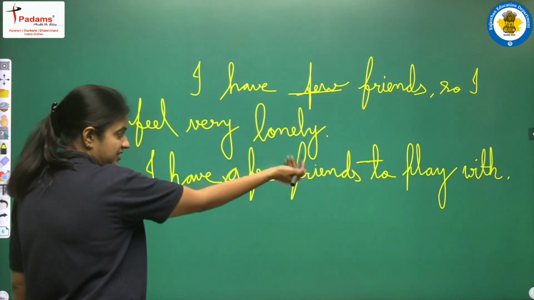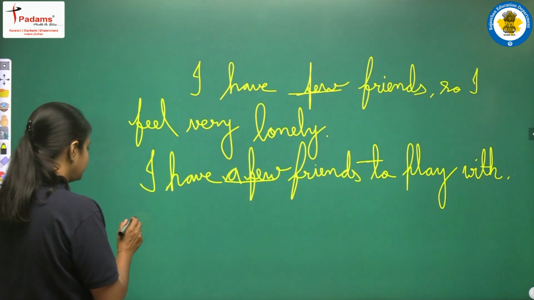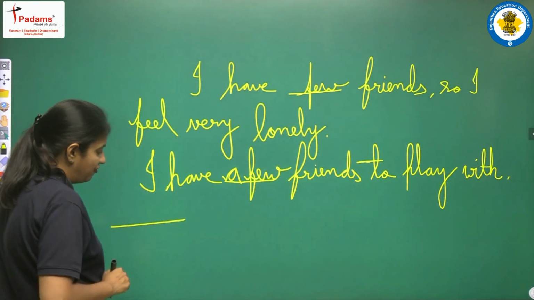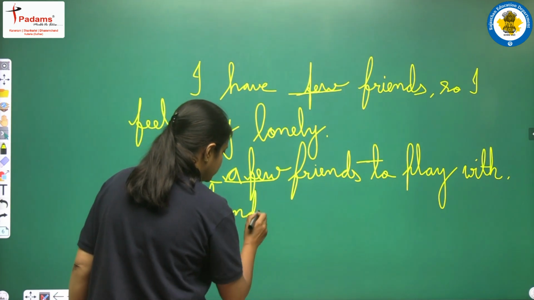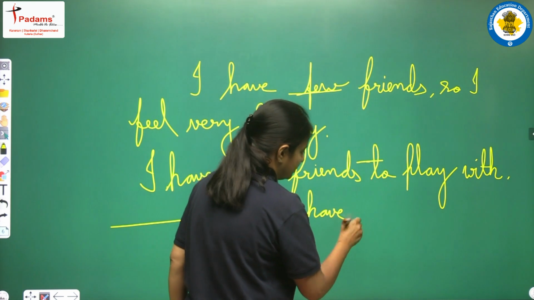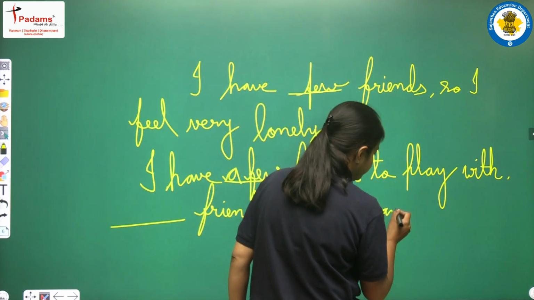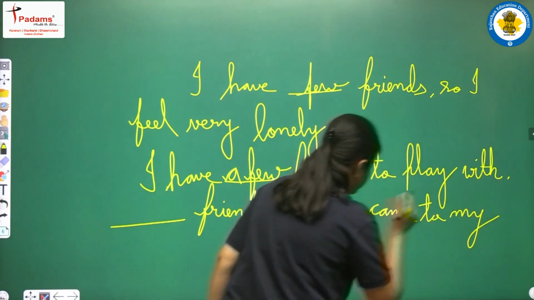Right, now let's take one more sentence of the few. So let's take the same noun, that is friends. So we are writing here, starting with one blank, friends, "I have came to my birthday party."